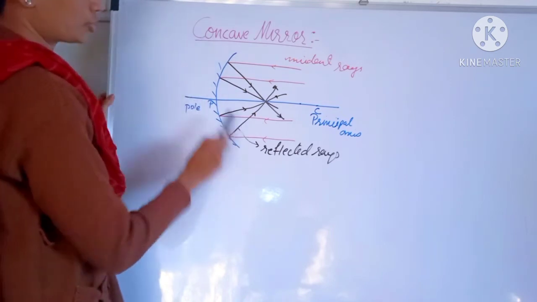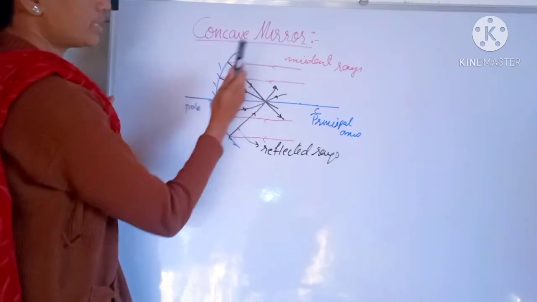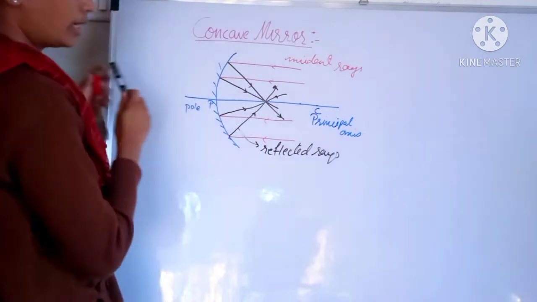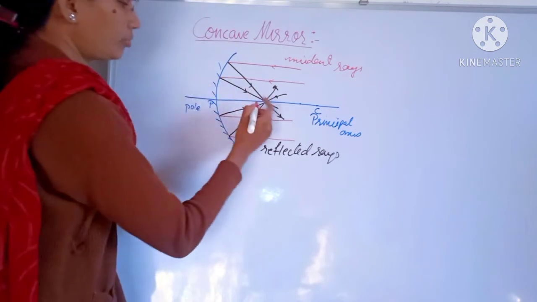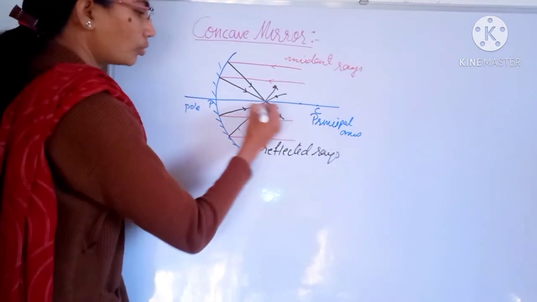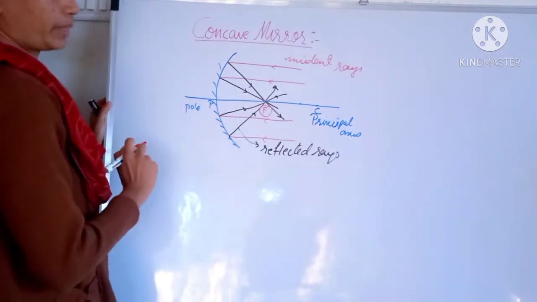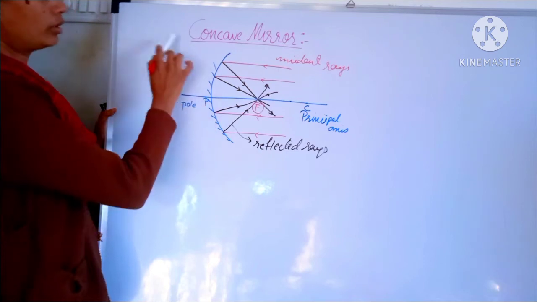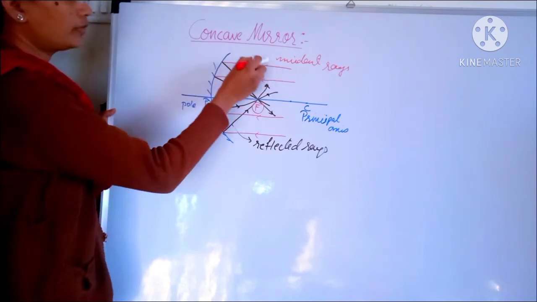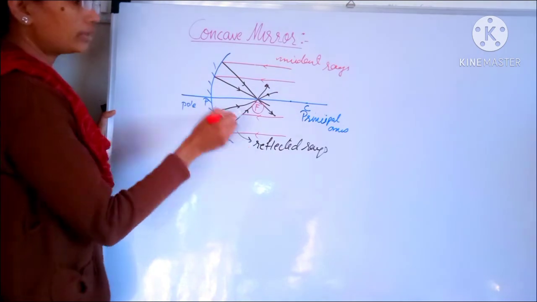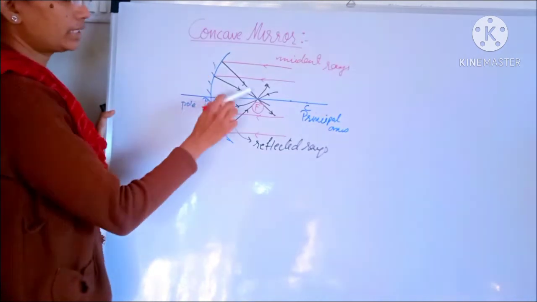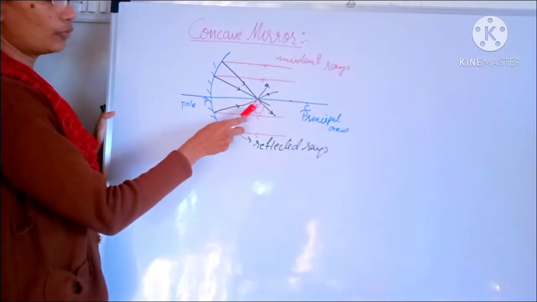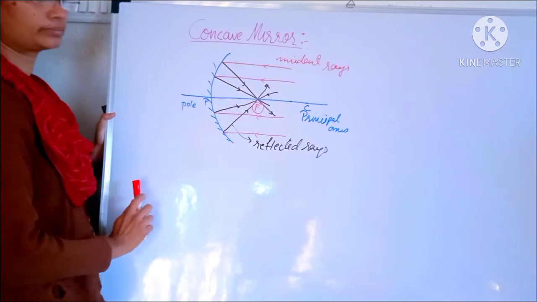So after reflection through a concave mirror, the incident rays which are parallel get converged after the reflection, and they all converge at one point, and that point is known as focus F. So from this diagram we can say that on a concave mirror, if the incident rays are parallel, then after reflection they converge at one common point, and that is known as a focus or principal focus.